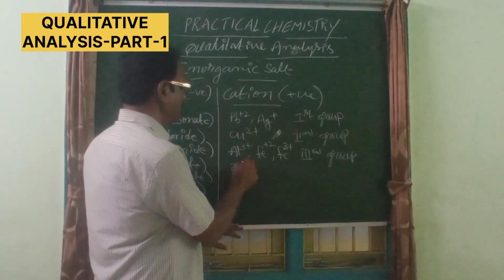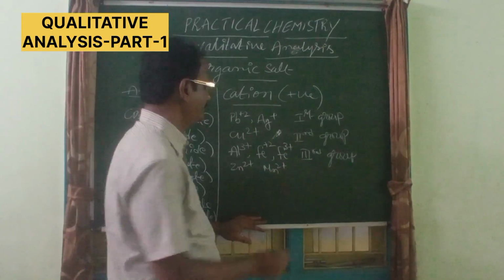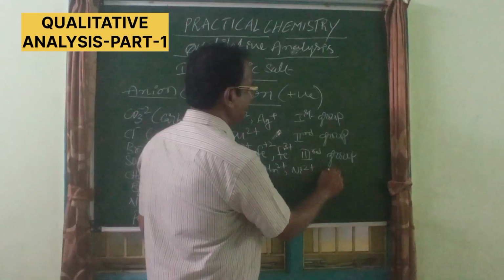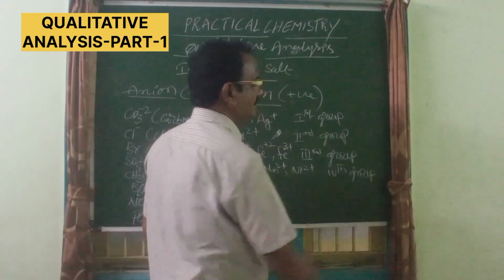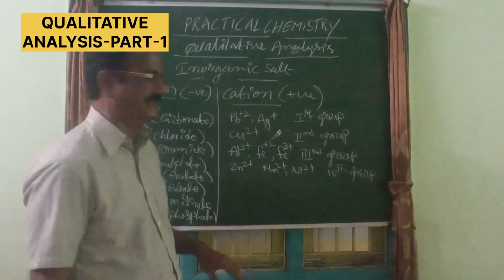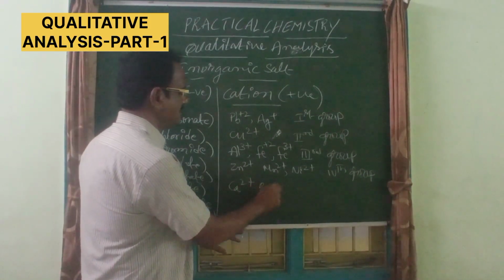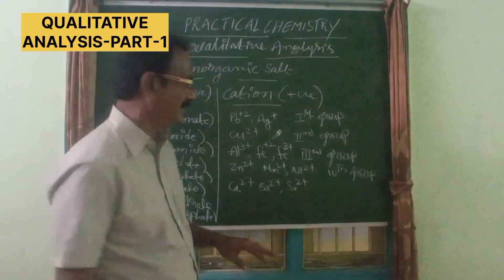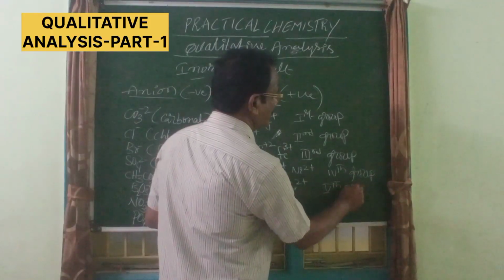Zn2 plus, Mn2 plus, Ni2 plus, these are to be considered fourth group cations. Is it clear? Ca2 plus, Ba2 plus, Sr2 plus, fifth group cations.